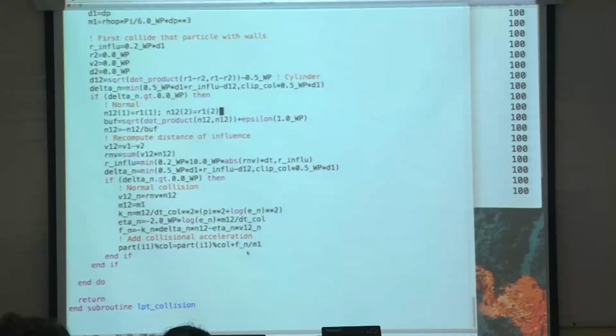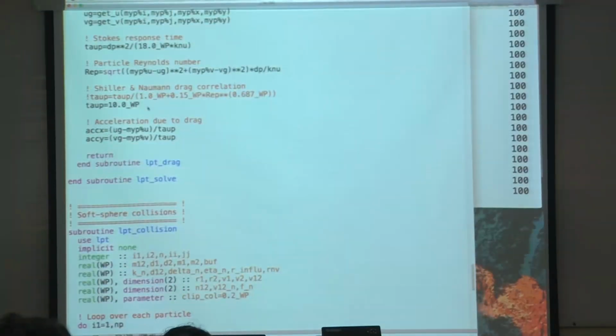I should have said, in order to provoke collisions, the Stokes number here is 10. Tau p is 10, particles are little cannonballs, they should be going through.